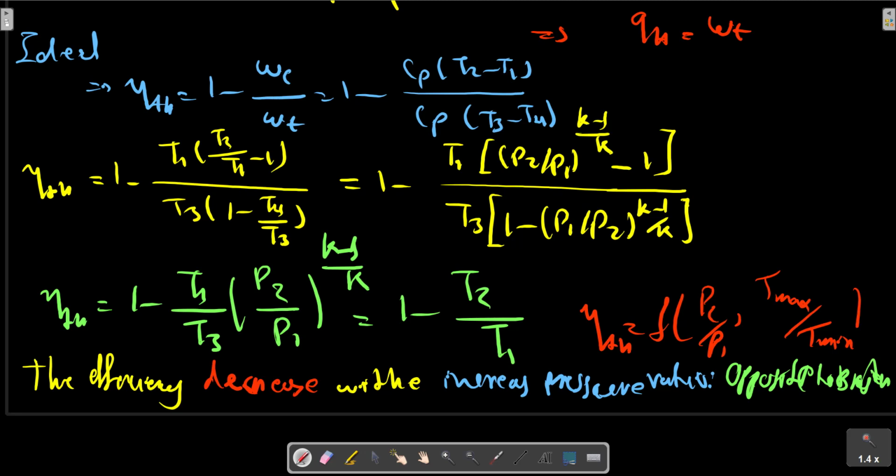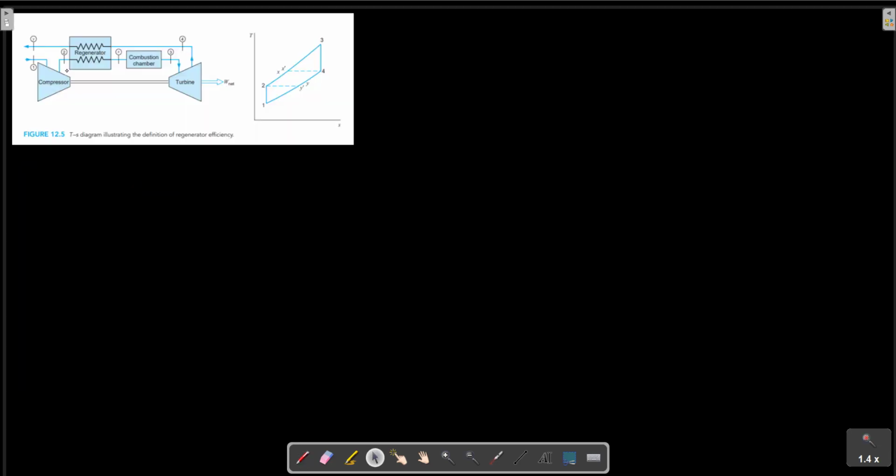The effectiveness or efficiency of a regenerator is given in the picture on the next page for more description. The regenerator efficiency can best be defined using the picture provided here.